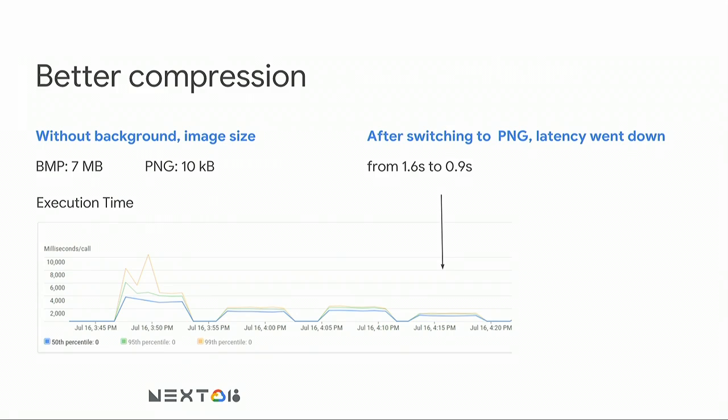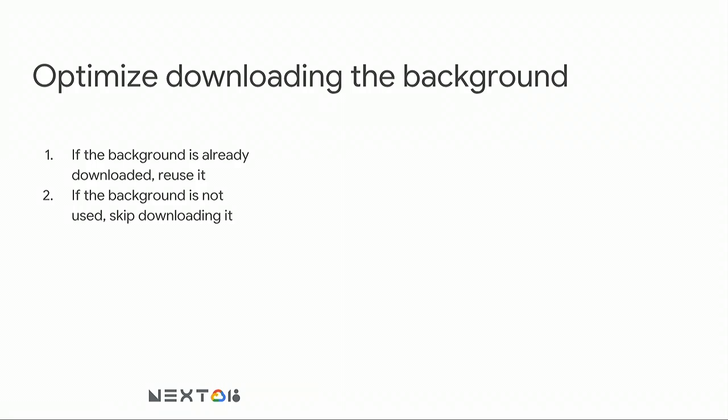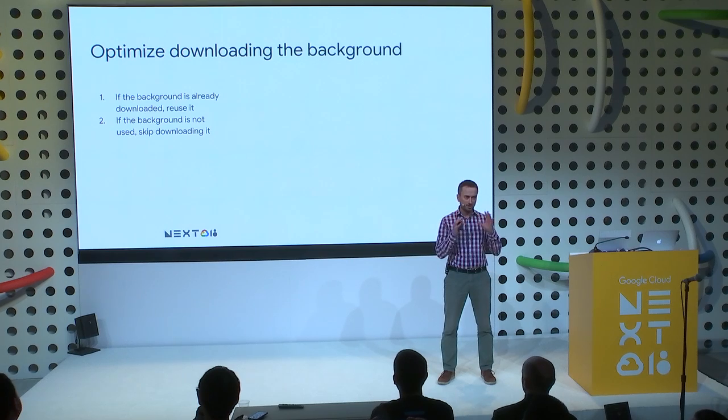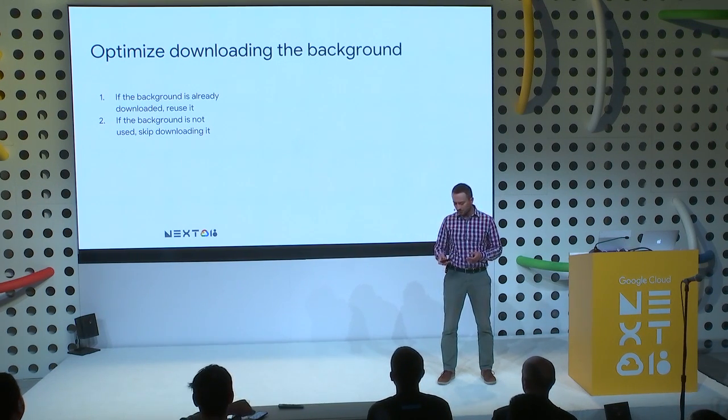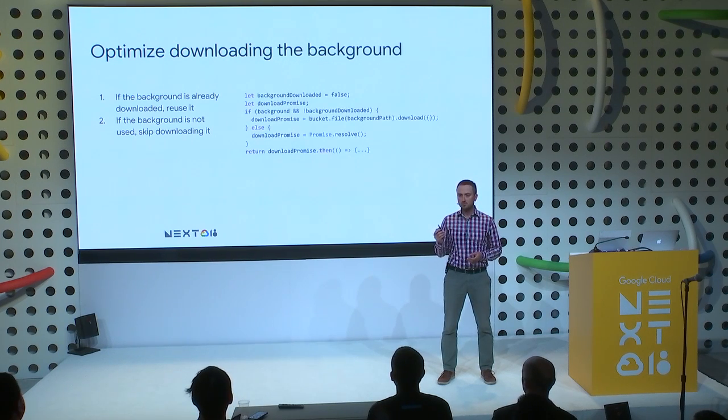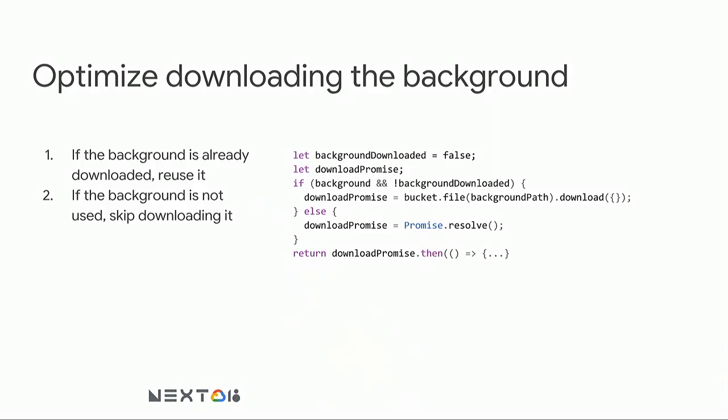Can we do better? Of course. I mentioned that our users are a bit weird, that they don't like backgrounds, they like black and white. So we don't really have to download the background image on every invocation. Let's just not do that. And this is actually the case that I tested, without any background, just black and white. So we can now download the background only when it's needed, and we can download it only once.